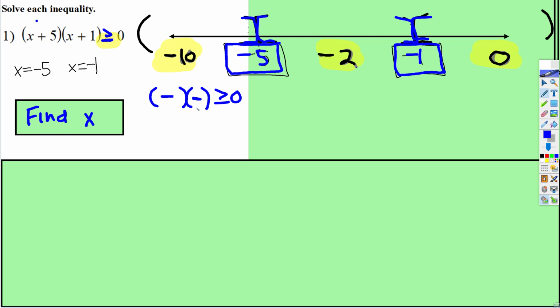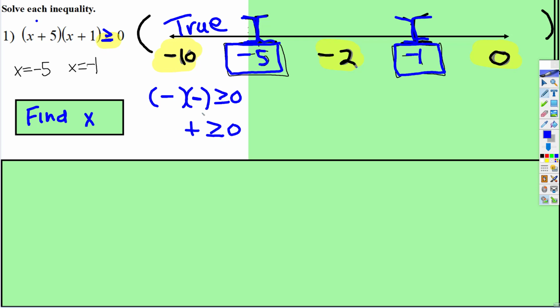Well, what's a negative times a negative? A positive. Is a positive number greater than or equal to 0? That's true. So for this interval, these numbers up until -5 make this inequality a true statement.